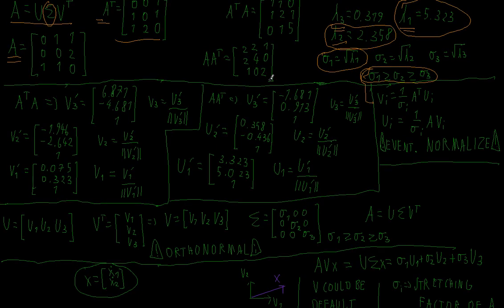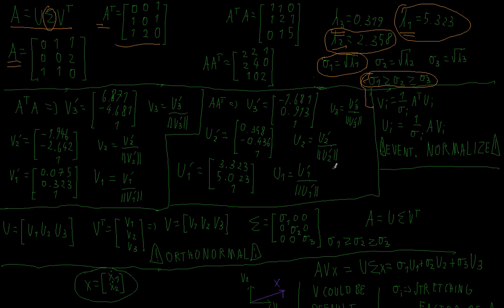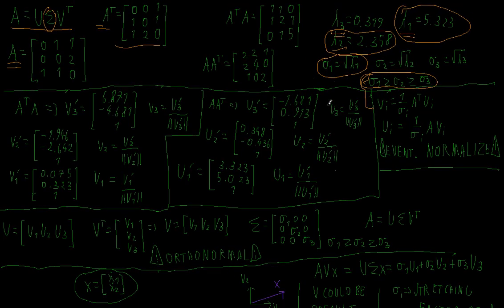So now I have my singular values, and my screen is doing strange things. Now I will find the eigenvectors associated to A transpose A and A A transpose. Remember that the eigenvalues are the same for both, but the eigenvectors are different.